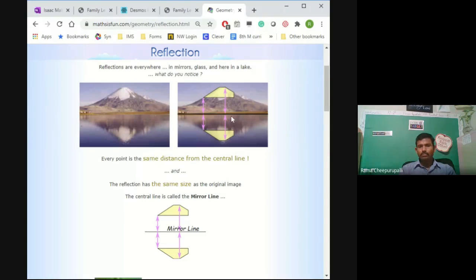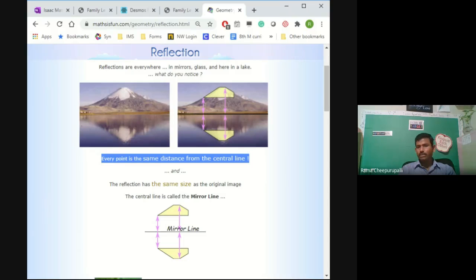Now I want you guys to write down this highlighted portion. Every point is the same distance from the central line. The central line is also called the line of reflection. Write it down, the highlighted part only.